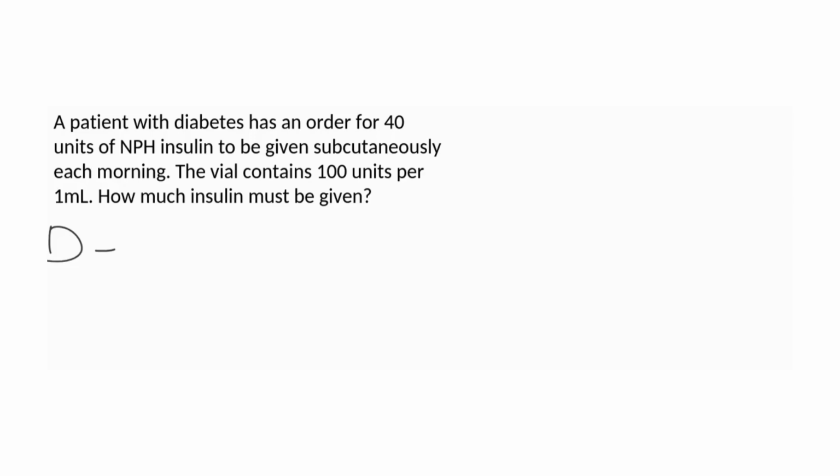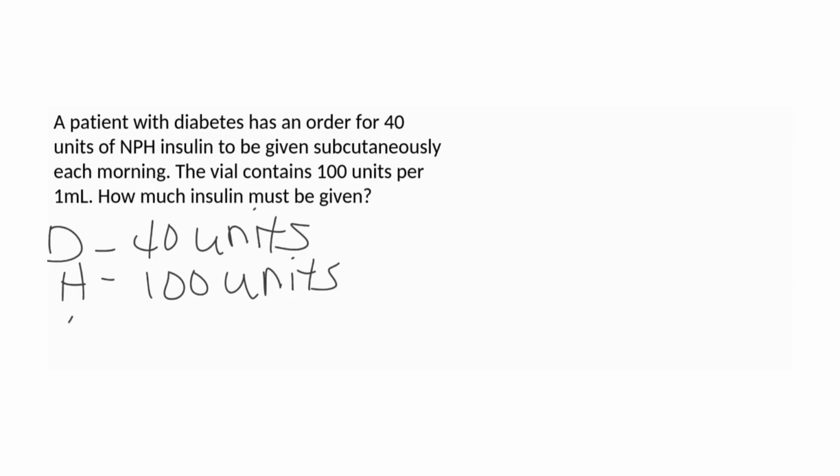Remember, D is just our order. What has been ordered? 40 units. What do we have on hand? Well, we have a vial that contains 100 units per milliliter. The quantity is 1 milliliter.